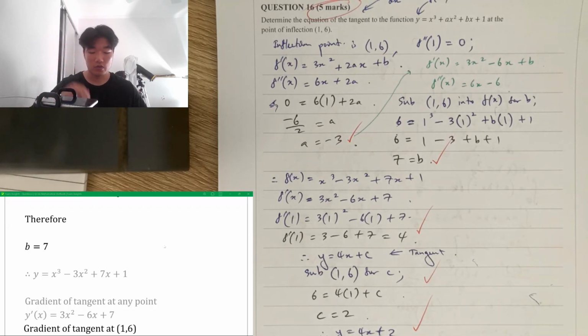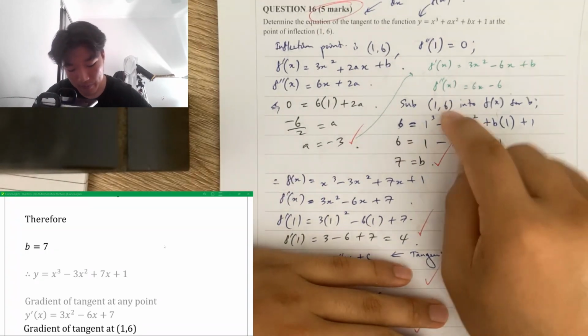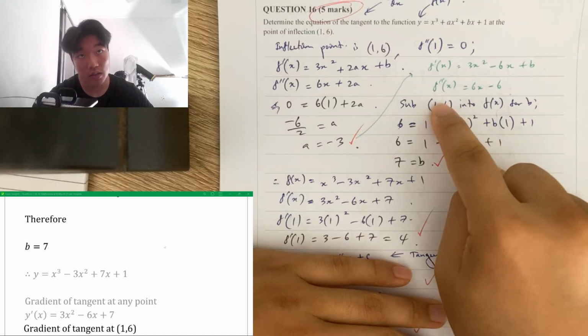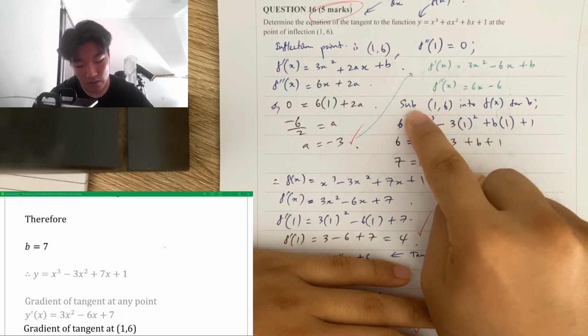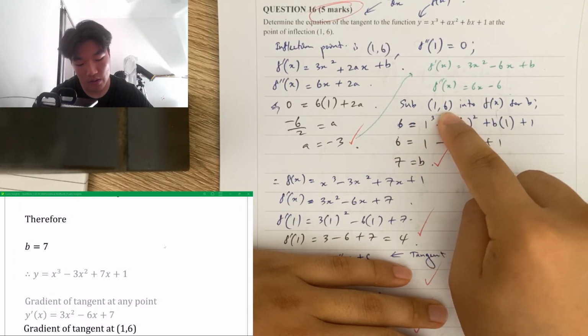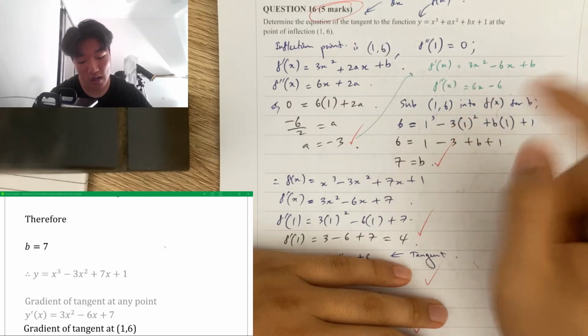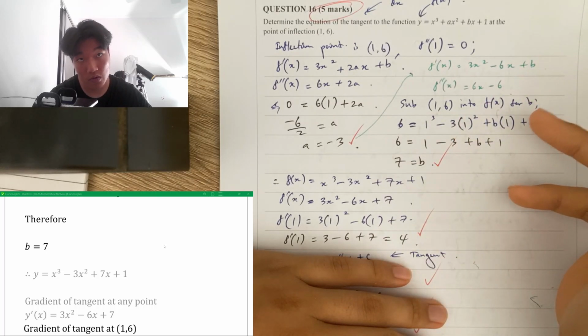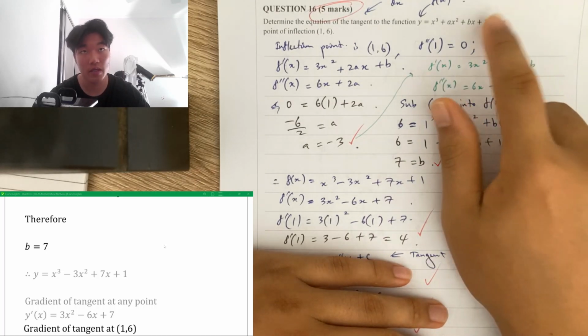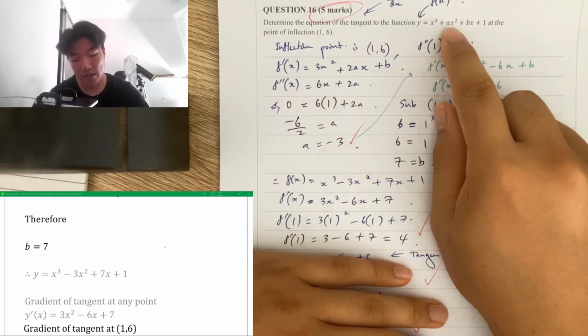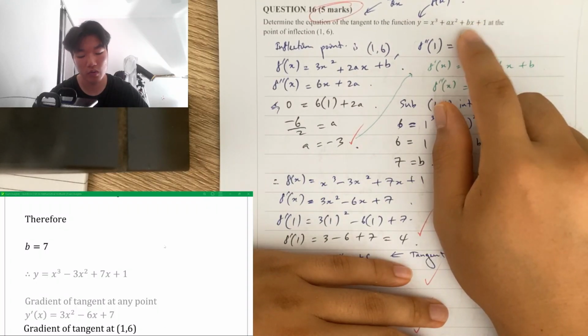They don't include the working out in the answers, but what I do is I just sub in. We know that (1, 6) lies on the function, so we can use that information to work out b. Since we know what a is, we only have one more variable to work out.